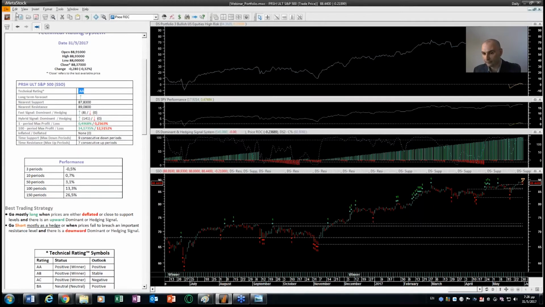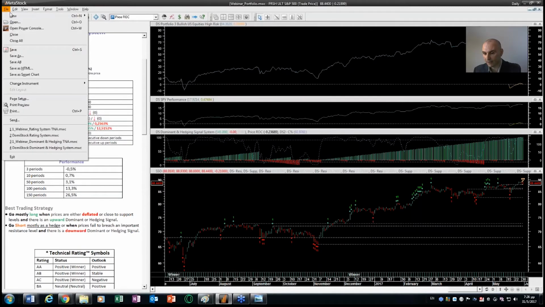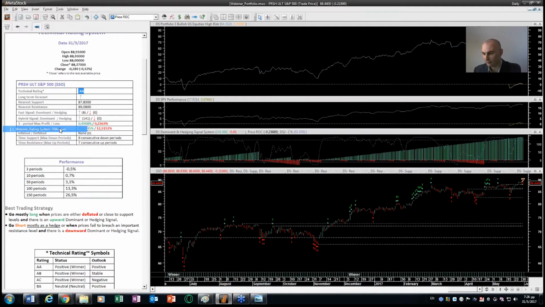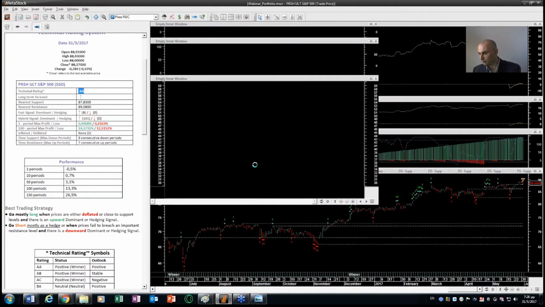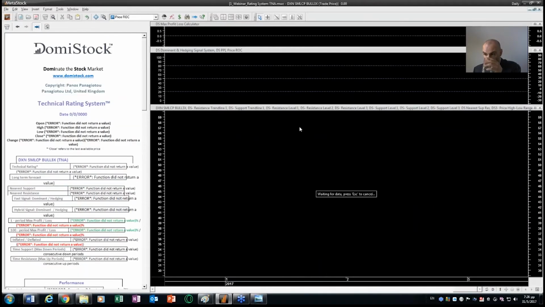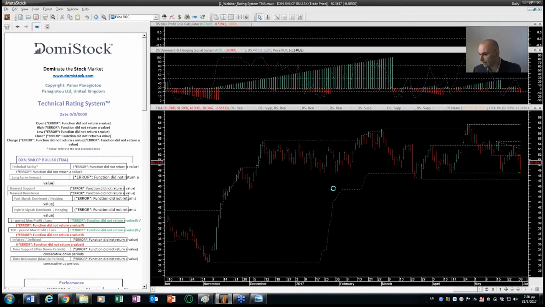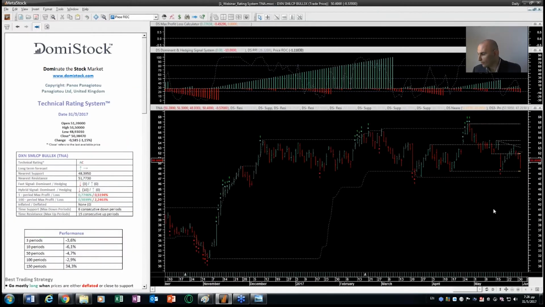Let's have a look. Okay, so this is the TNA, this is the stock, this is the security, the ETF, that we found out should be neutralized, either with a hedge or with any other way that we think.